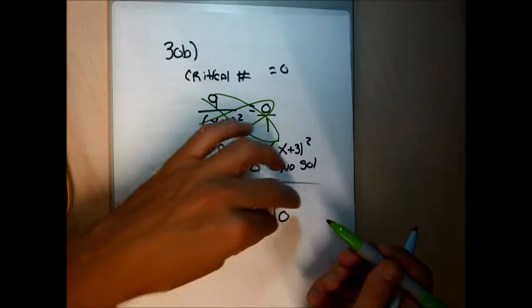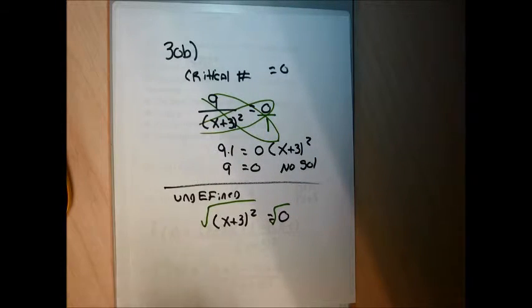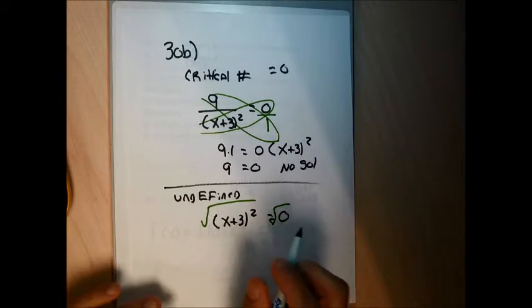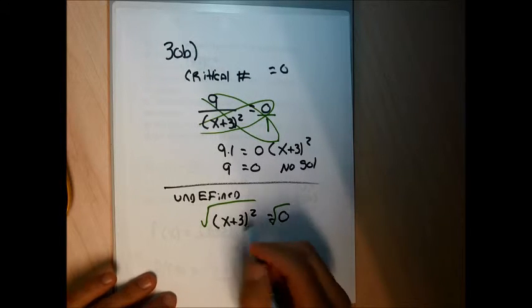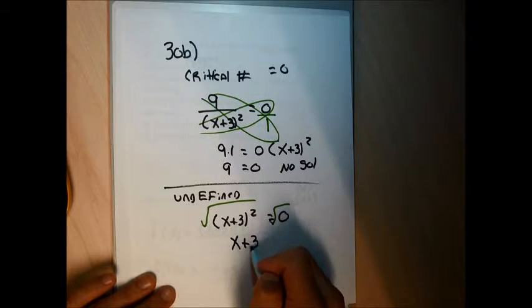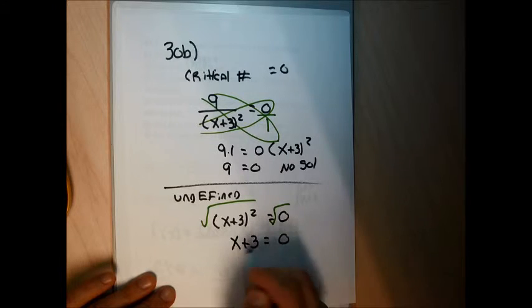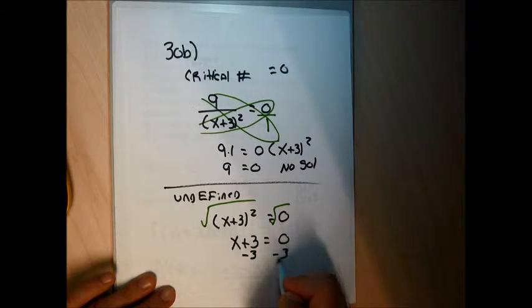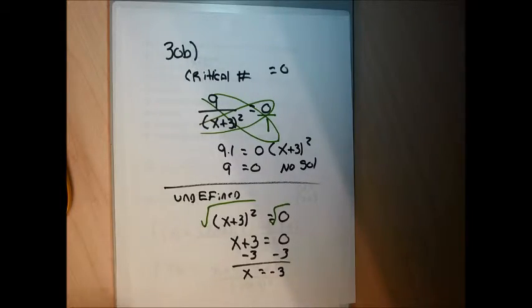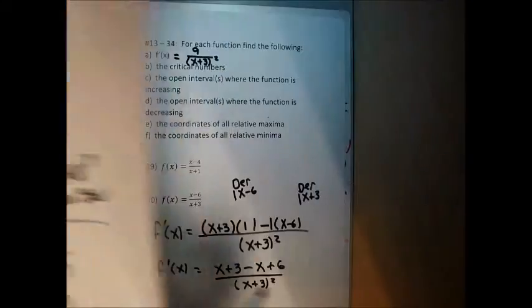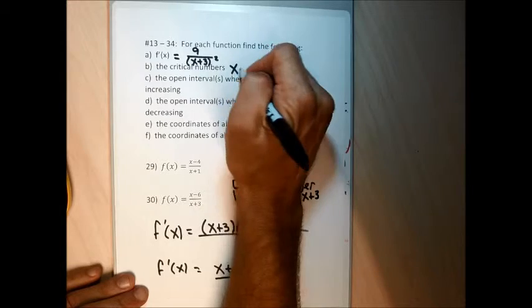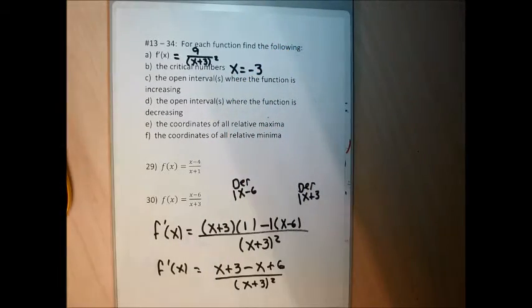I don't need the plus or minus on the right side because the right side is 0, and plus and minus 0 is just 0. Left side, the square root of x plus 3 squared is just x plus 3. The right side, you get 0. I minus 3 from both sides, and I get the only critical number is x equals minus 3. So on my front page, I get the critical number of x equal to negative 3.